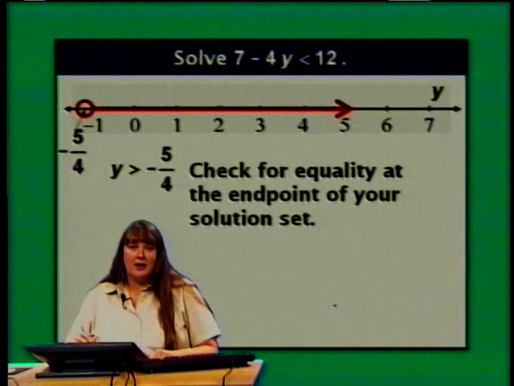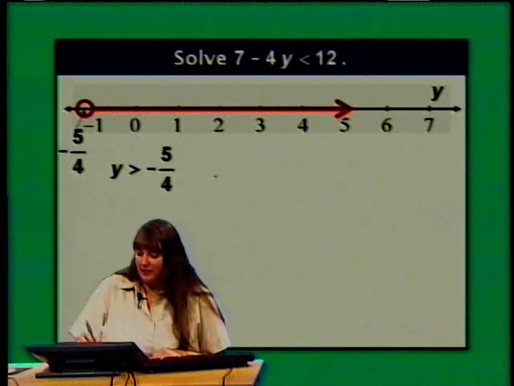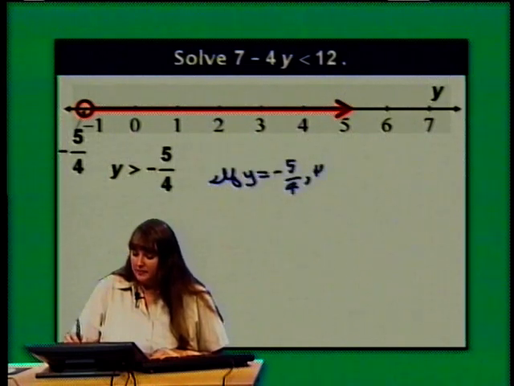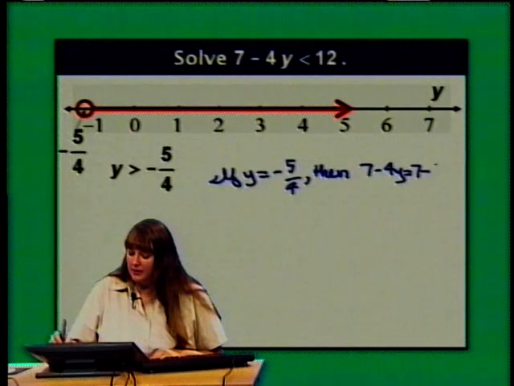Well, let's check my solution set now. First, I'm going to check for equality at the endpoint of my solution set. My endpoint being y equals -5/4. And if y equals -5/4, then 7 minus 4y would be 7 minus 4 times -5/4.